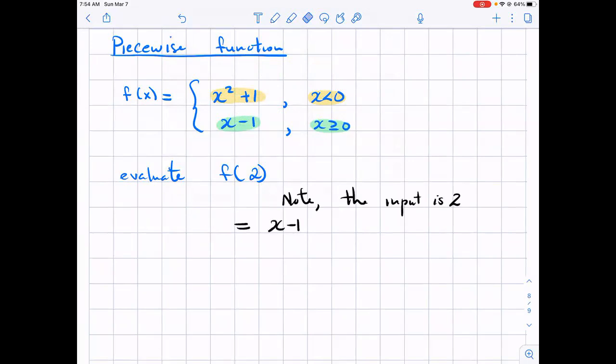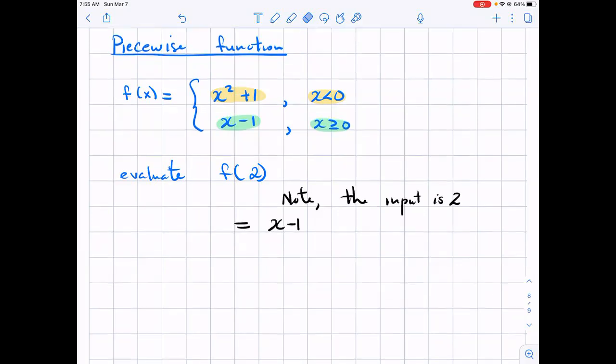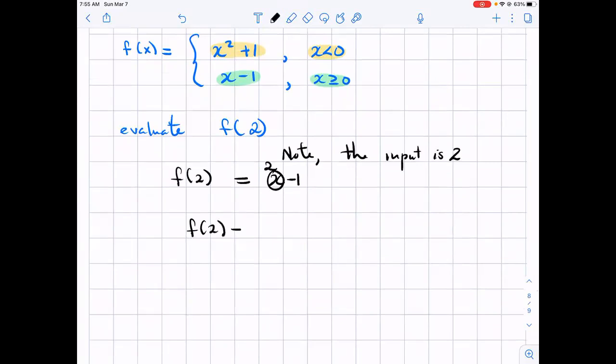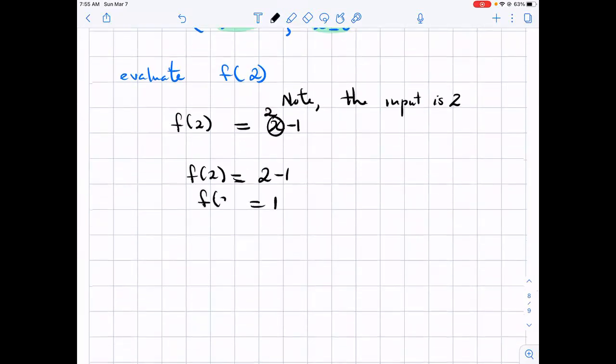So we'll use the function x minus 1. Let's give that a different name, I don't want to call that f of x. So f of 2, and now we replace x with 2. So f of 2 is equal to 2 minus 1, which is equal to 1. So f of 2 is 1.